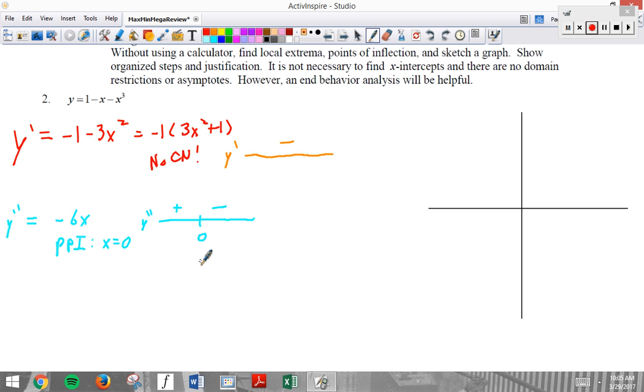Oh, so the point of inflection (0, 1), which is right there. Concave up, concave down. Done.